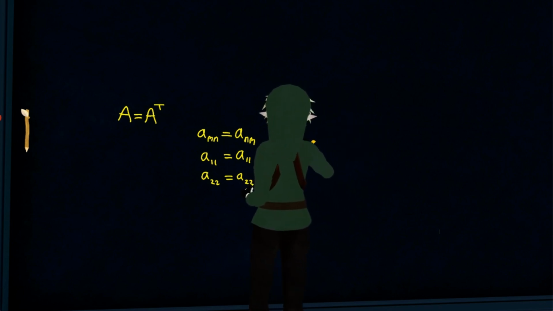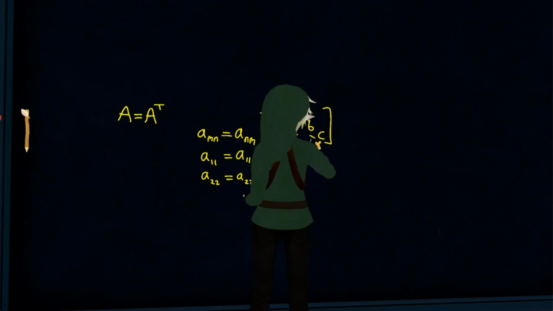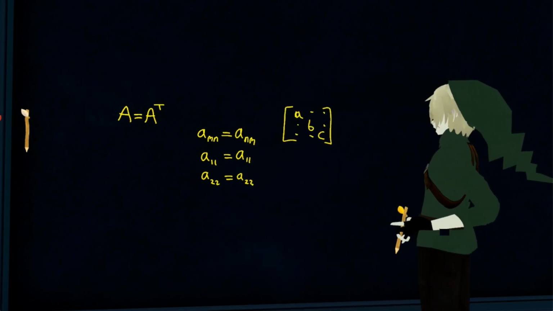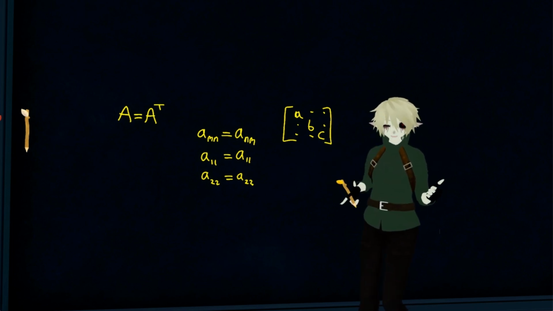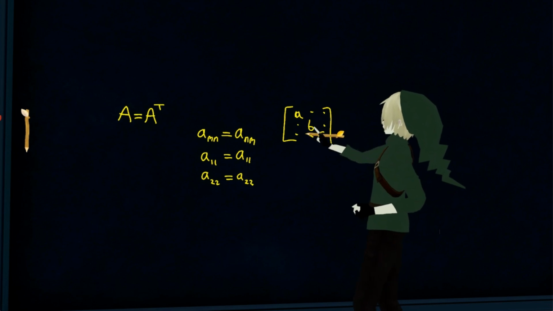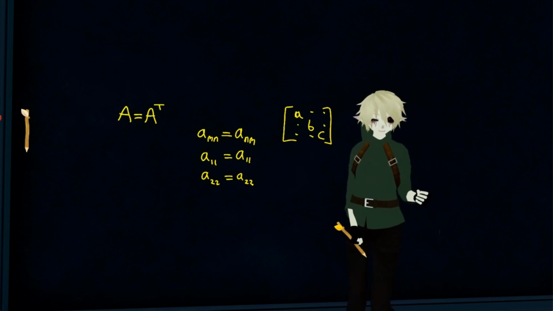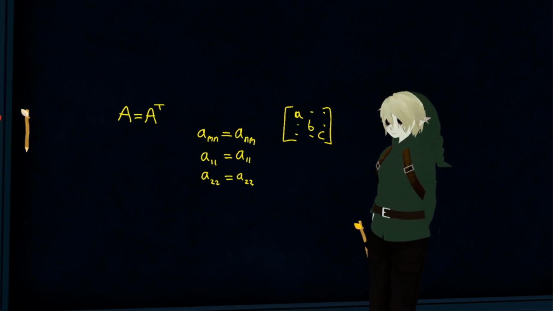That's literally the diagonals. A33 is equal to A33 if you swap it, right? And then the rest here will have to be swapped when transposing. So that's another way to look at symmetric matrices.